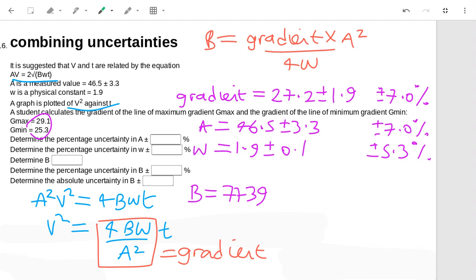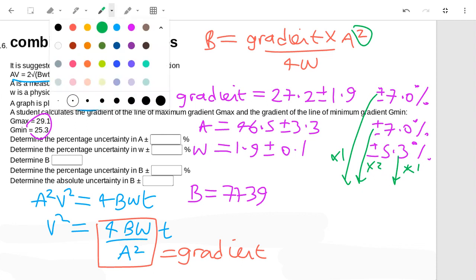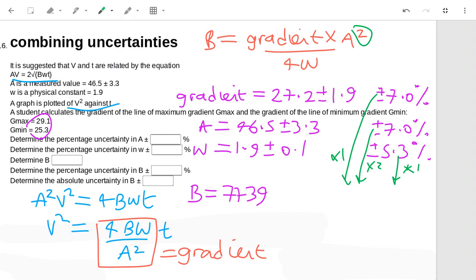Since they're all multiplying or dividing, I simply add the percentages, but I must be careful for the squared up here. So this is adding once, this is adding twice, and this is adding once. So I do 7 plus 2 times 7 plus 5.3, and that gives me 26.3%.